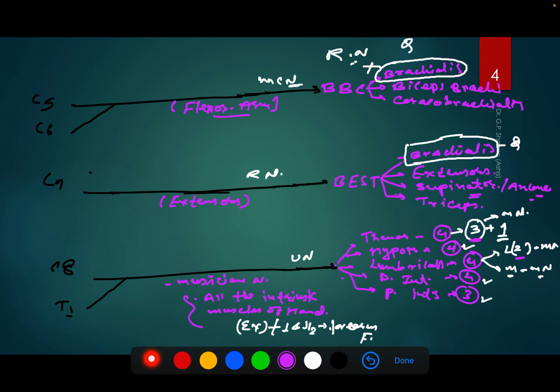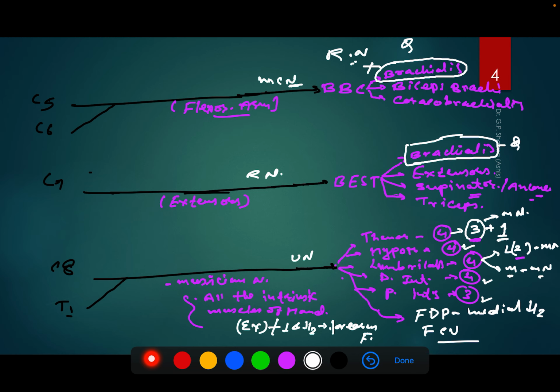Plus in the forearm, we said it supplies 1.5 muscles. One is the medial half of FDP, plus FCU, flexor carpi ulnaris, which is supplied by the ulnar nerve. Is that okay? So these are the muscles supplied by the ulnar nerve, the radial nerve, and the musculocutaneous nerve.